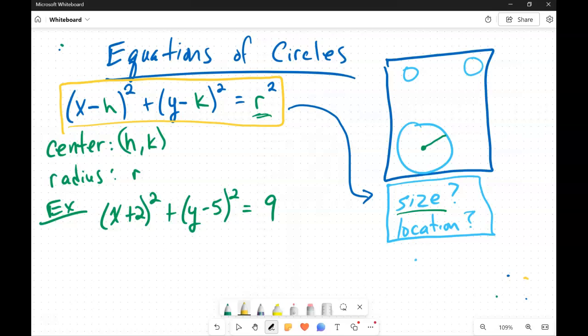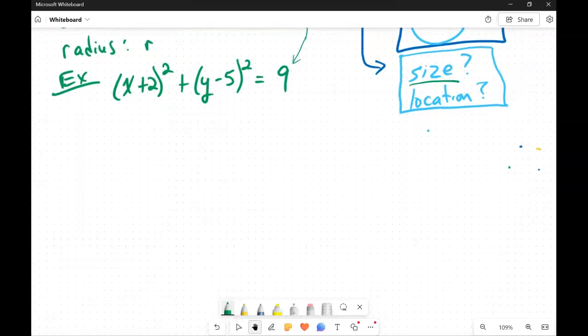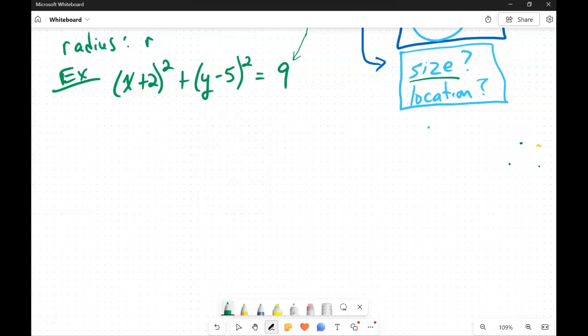What this means is that the number at the end represents the radius squared. So when you're looking at this 9, you have to understand that that 9 represents the radius squared, or r². So it should be fairly easy to think about what the radius would be.